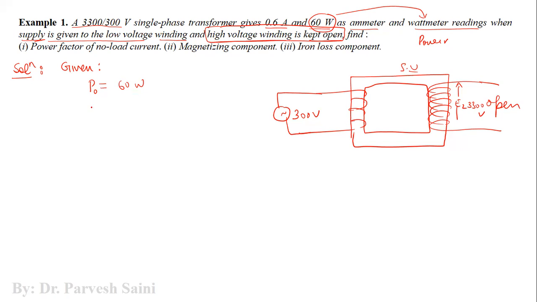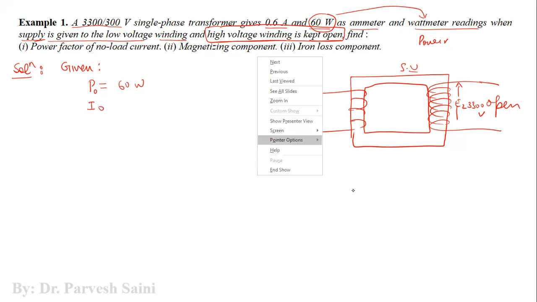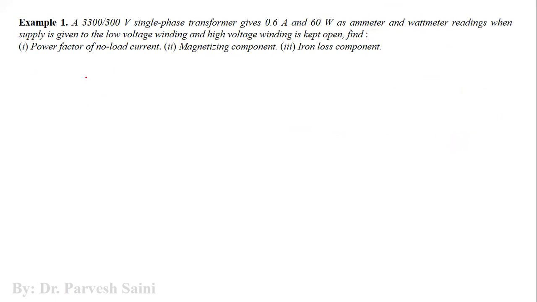and the no load current, because this I note, 0.6. So I note here is the no load current, which is the reading of the ammeter.